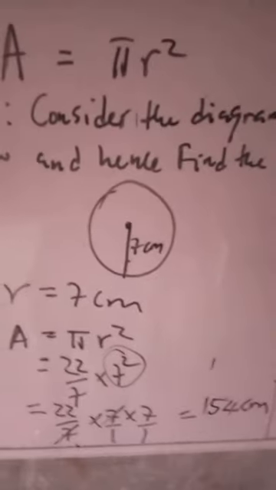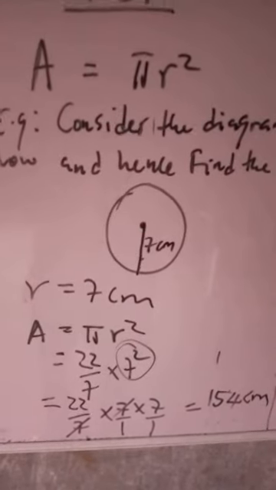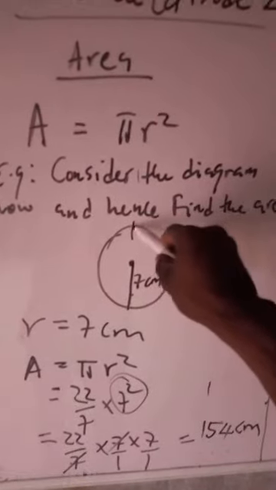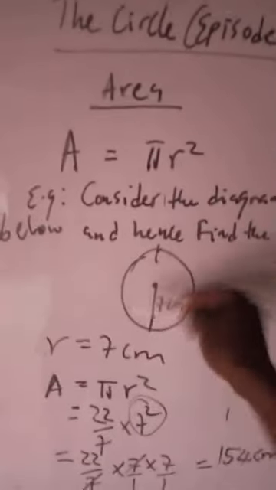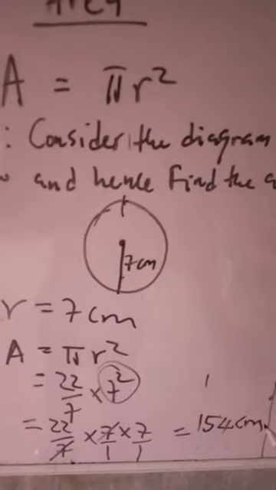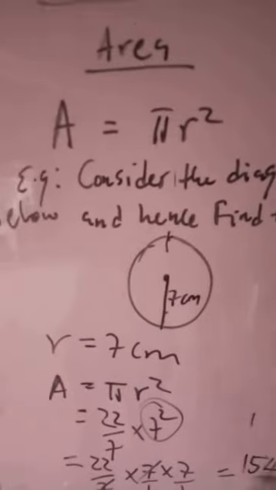I put cm. What is the error here? Area is measured in cm squared, but circumference is in cm, because circumference is just a length from here down to here, but area is all this space. So anything area is in square units, so the cm will carry 2 on top. This is the answer.